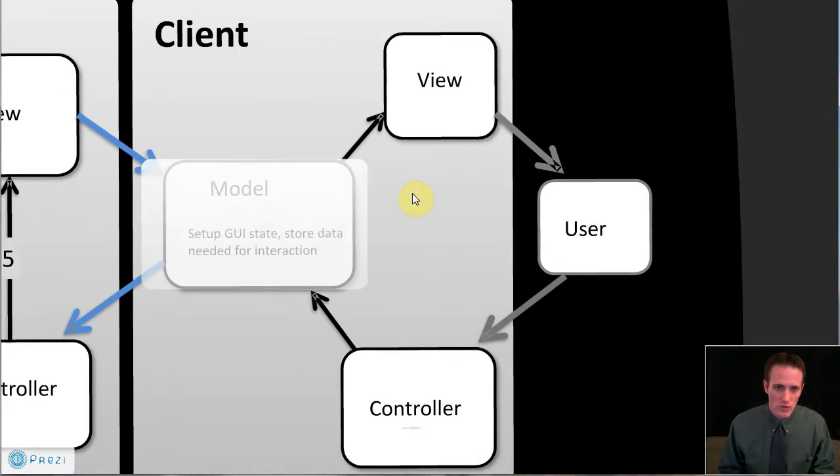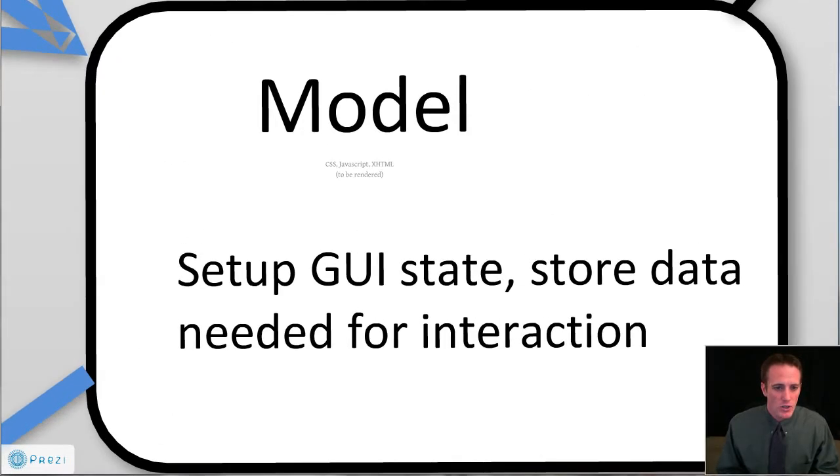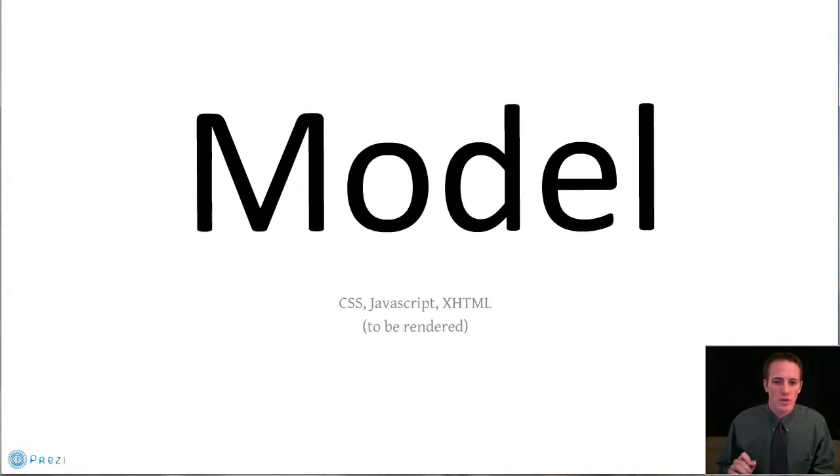So this view code ultimately needs to get sent over to the client. But more accurately, we still have to set up GUI state, and furthermore, more accurately, its three main file types get sent: the cascading style sheets, which are going to style the HTML code; the JavaScript, which is concerned with behavior, as well as setting up some GUI state; and the HTML that has been rendered, the PHP has been rendered from the server.